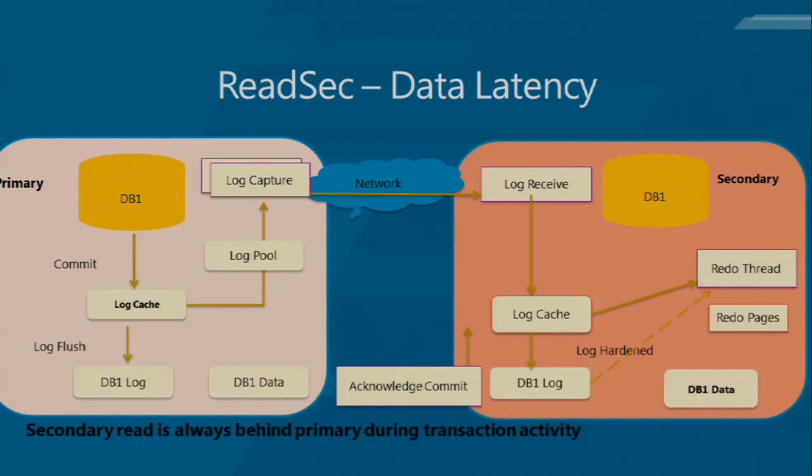So you can only do reads when the redo has completed and it's written to the data file from the log file or from the log cache. So that is why even in synchronous secondaries, the log could be there in the log file, but it might not have been written, hence there could be data latency. Always monitor what is your redo queue and things like that.